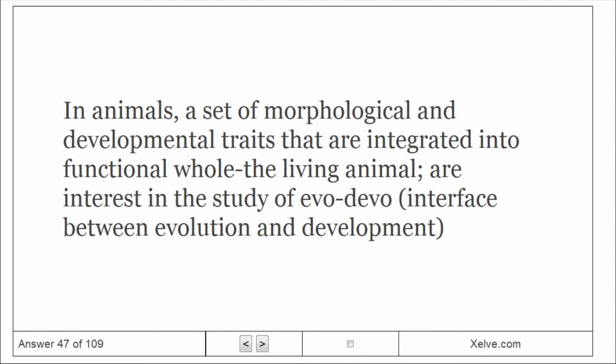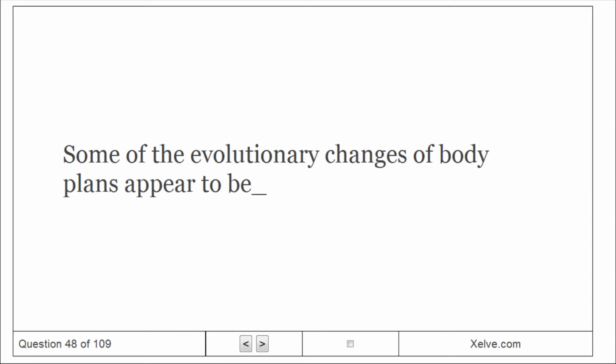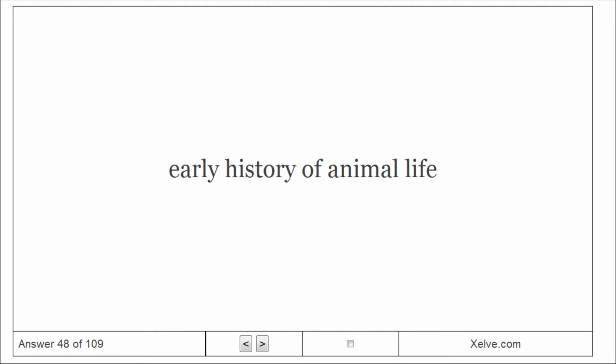Our interest is in the study of evo-devo, the interface between evolution and development. Some of the evolutionary changes of body plans appear to have occurred in the early history of animal life.